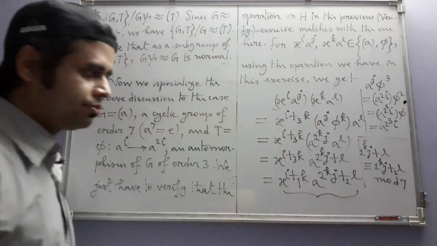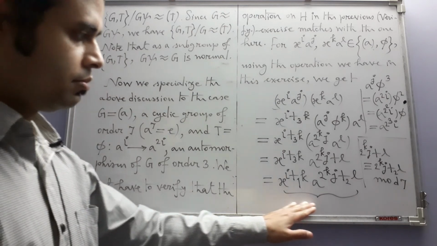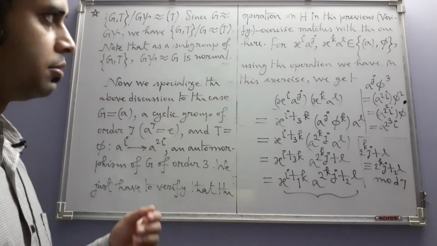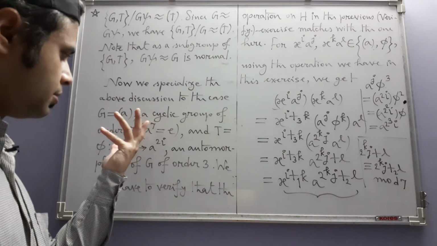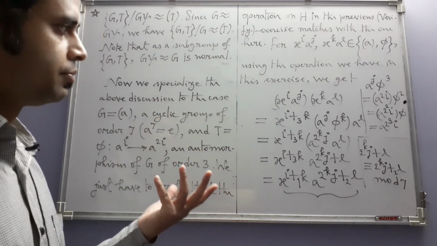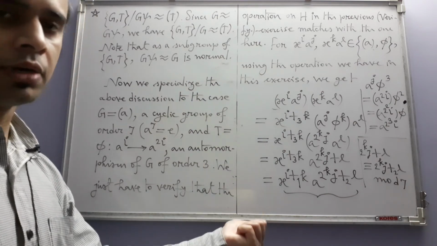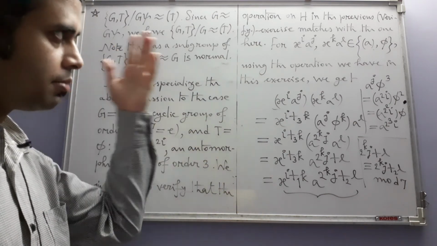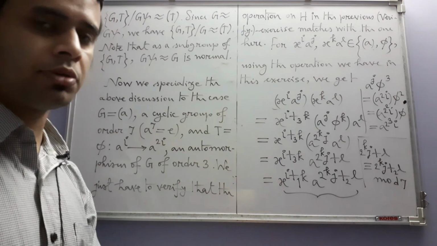That's how we have defined the binary operation there. So this general group that we have constructed today reduces to this one. This is a more general one and the previous one is a special one.